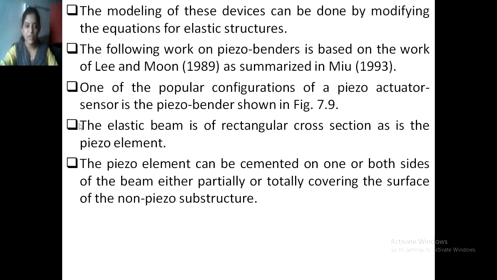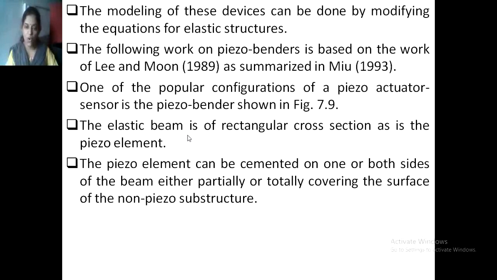The elastic beam is of rectangular cross section, as is the piezo element.